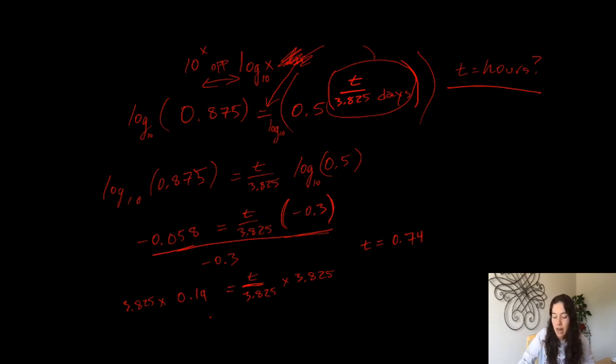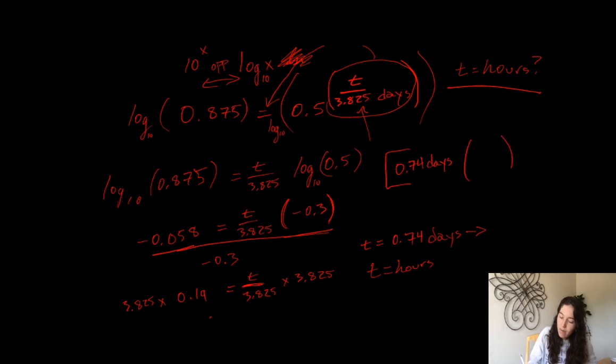What you'll see is that our half-life is in days. So this is in days. But our question asks us to solve for t in hours. Okay? All right. So go ahead and use unit conversion to convert days to hours to find out how many hours it takes this atom to decay. So in order to solve this, we're going to start with our 0.74 days.